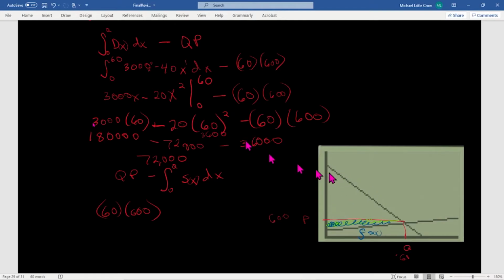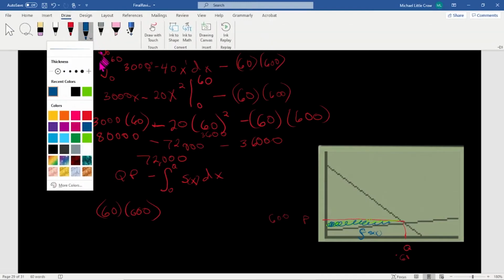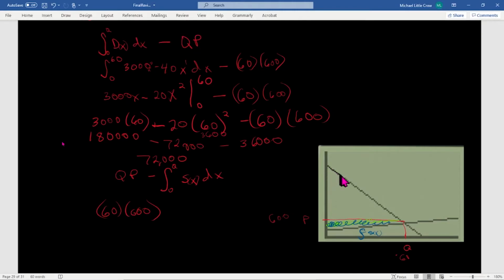This line up here, let's do that in a different color. Let's go with black, actually. I think it will show good. So we got this one.